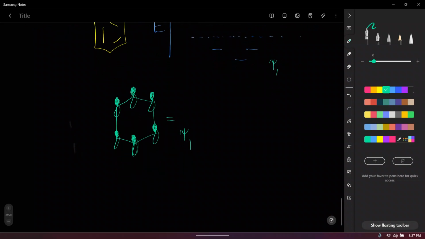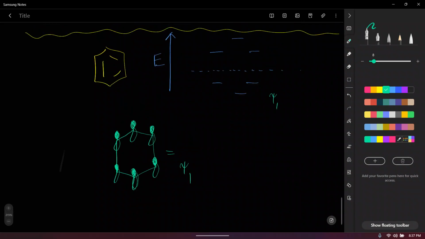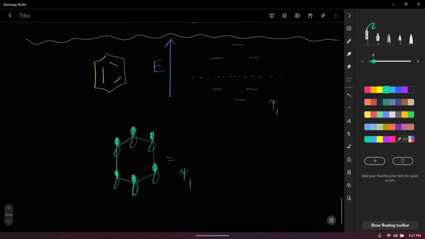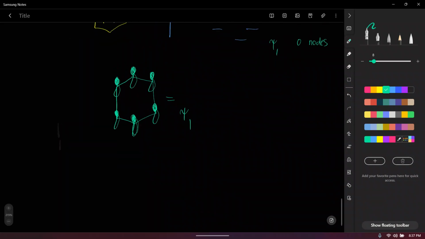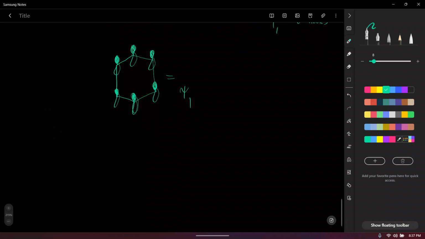Right? So psi 1, okay, the lowest energy, is always going to have 0 nodes. Just like if you guys remember when you did molecular orbitals for linear systems, the way that you did that was you made it symmetric and you made sure that the number of nodes increased from 0 to 1 to 2 as you went up and up, okay? So psi 1 is going to be easy because it has no nodes and therefore every single shading is exactly the same.